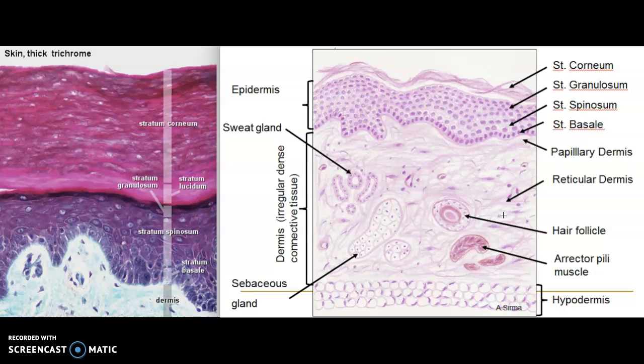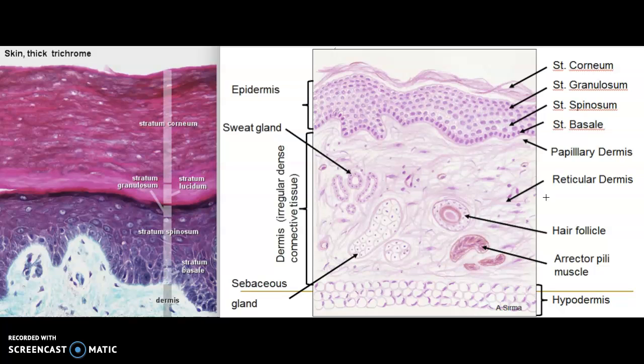And then we have the reticular layer, which is the deepest layer of the dermis, and it contains blood vessels and sweat and oil glands, and Pacinian corpuscles, which are deep pressure receptors.